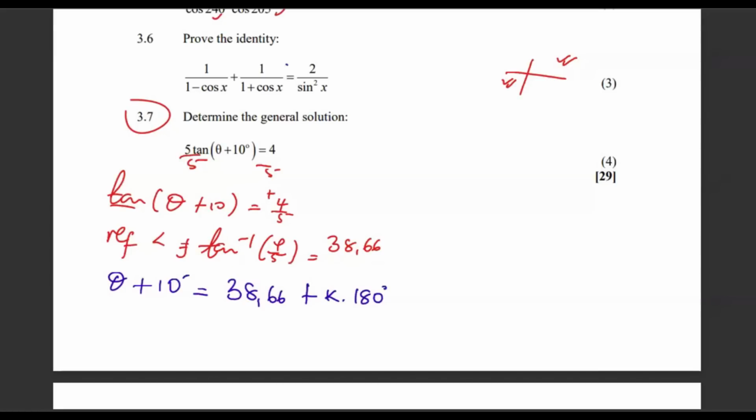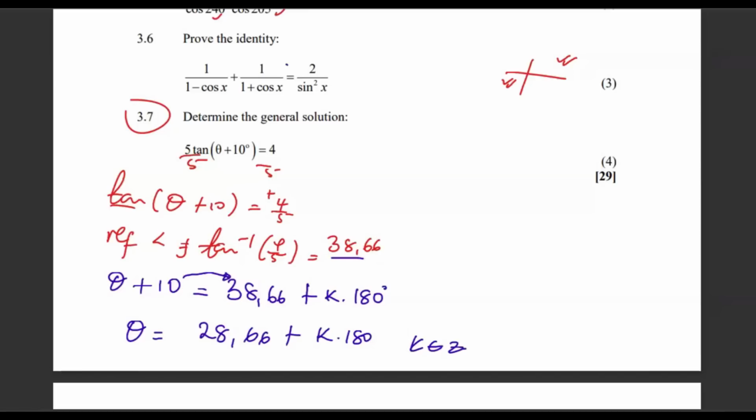Then I'll have to move this 10 to that side, and this 10 subtracts, meaning that our theta is going to be 28.66 plus k times 180, k an element of integers. So this is just the first solution.